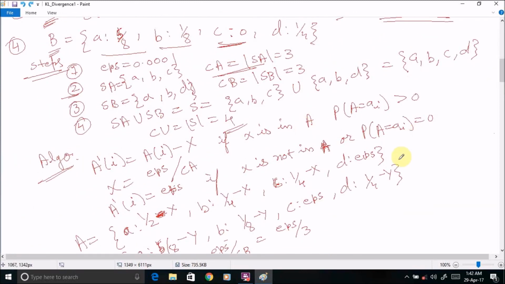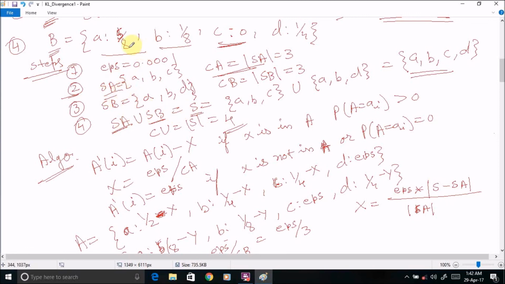Or, in a more generalized way, we can compute x as EPS into mod of S minus SA divided by the cardinality of SA. S is the set obtained from the union of SA and SB.